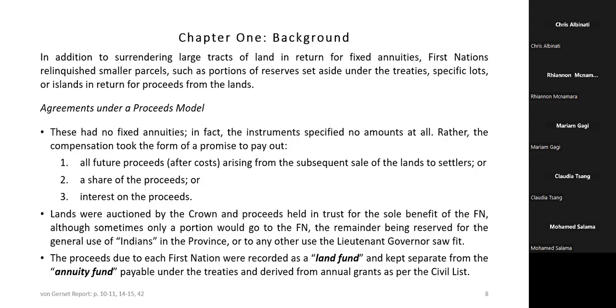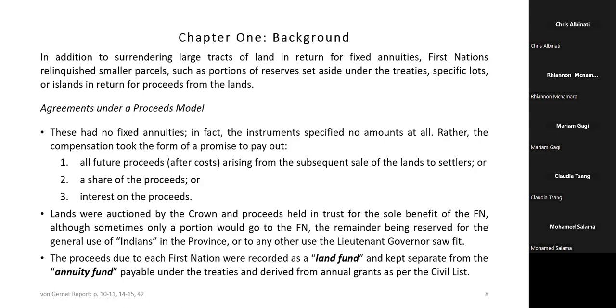You mentioned in the first bullet, all future proceeds after costs. Can you elaborate on the after costs? Well, the instruments themselves refer to that, right? So it was net.